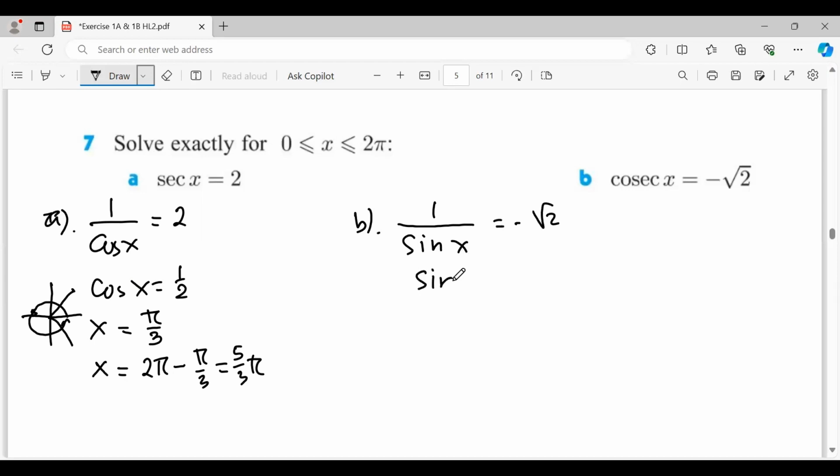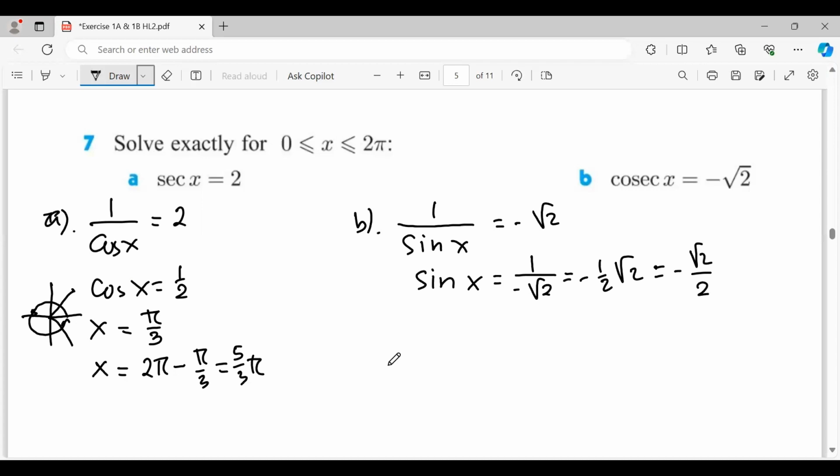It means sine x equals 1 over minus root 2, or it is minus half root 2, or minus root 2 over 2.